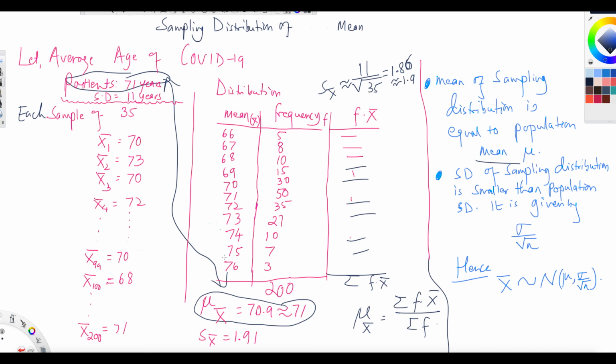Let me do one more thing here. Let us draw the histogram for this. How would that look? Let us say the maximum is 50, so the axis goes 50, 40, 30, 20, 10. The values run 66, 67, 68, and 70, 71, 72, 73, 74, 75, 76.